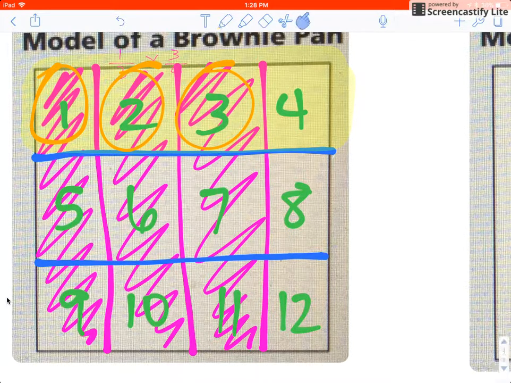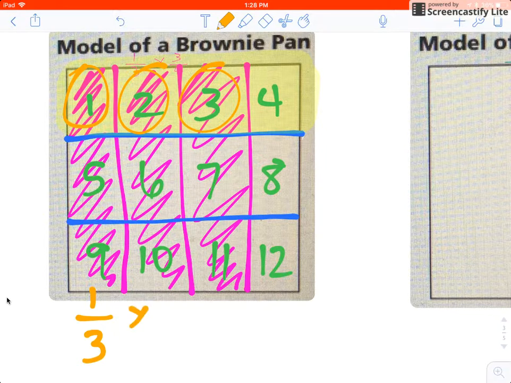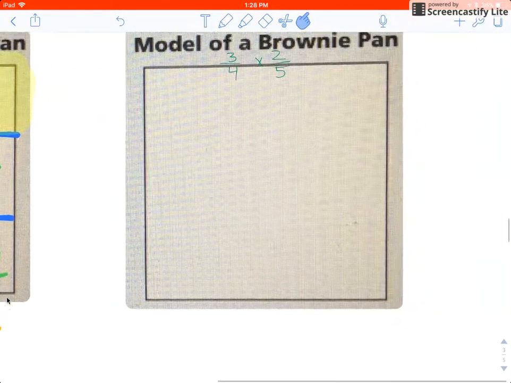So we get to buy 1, 2, 3 out of 12. So underneath our brownie pan here, we can write our number sentence. 1/3 of 3/4, or 1/3 times 3/4, is 3 sections out of the 12 total pieces of that brownie pan. So make sure you have all these number sentences as well.